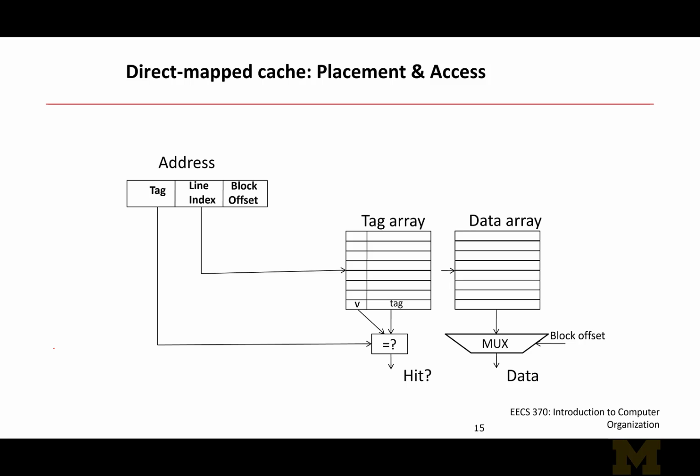So here is another representation of what a direct map cache looks like. So an address again is composed of the block offset, the line index, which is what we talked about to select the cache line in a cache, and the remaining is a tag. So you would use this as an index into the tag array. So think of this exactly like how you would think about accessing an array in your C program, where you will say something like A[i], right?